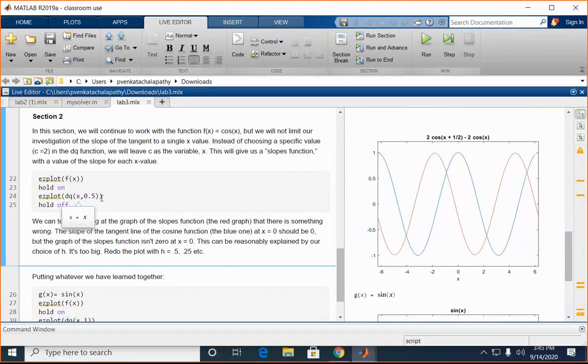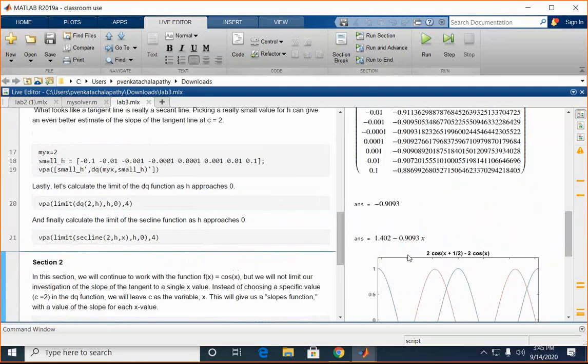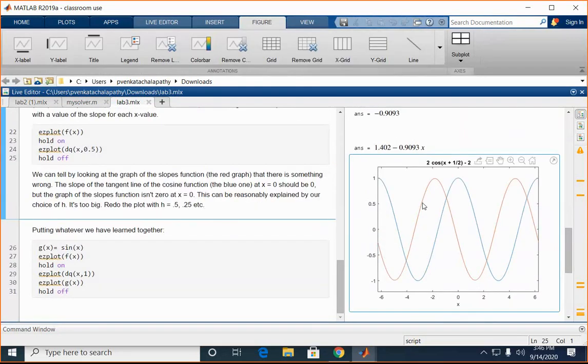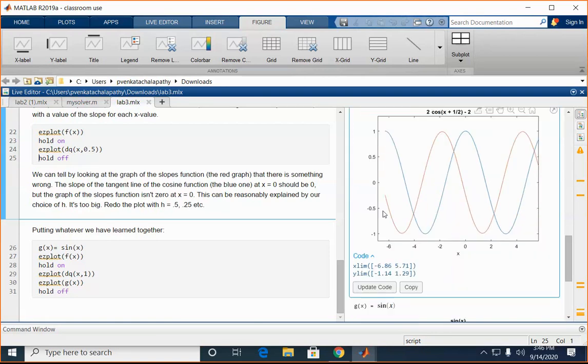very short, but it is like a trial and error method. One more thing: when you observe this graph, if you want your tangent line, then you must get this red line close to 0. It has to approach 0.